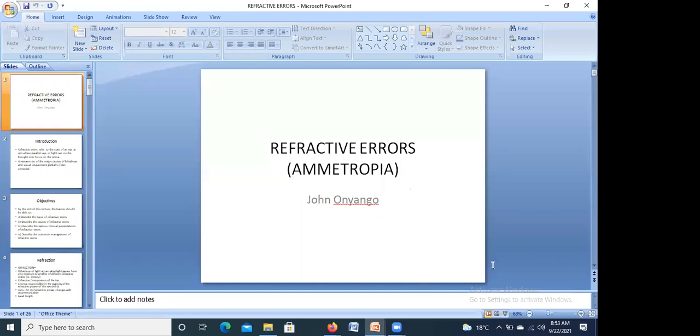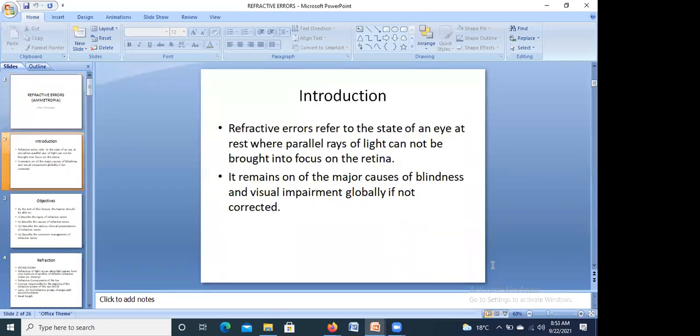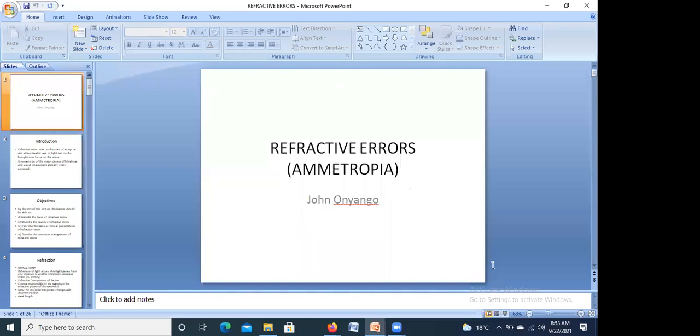For those who know some bit of optics, we know that the eye is an optical instrument or an optical organ whose job is to focus light onto the sensitive part of the eye, which is the retina. And so if you have a problem with that refractive process of the eye, then you'll start getting problems with your vision. Your vision will be blurred, just as we have been talking about in strabismus.